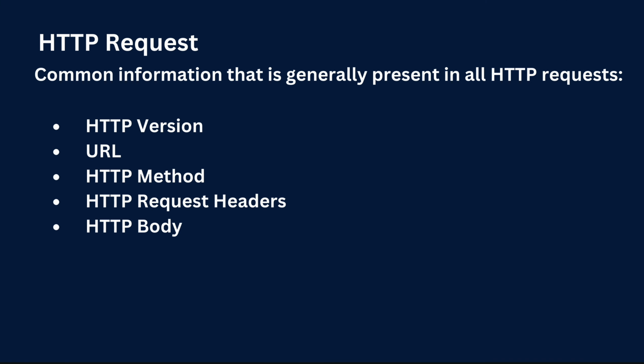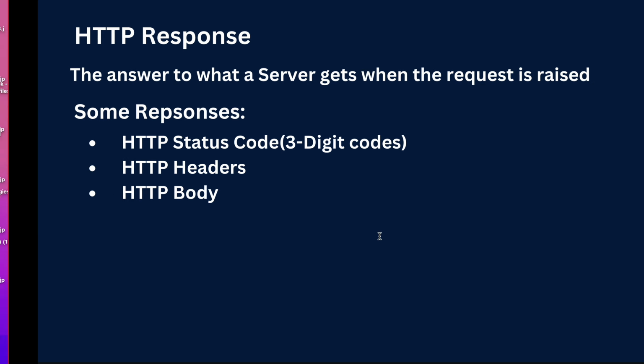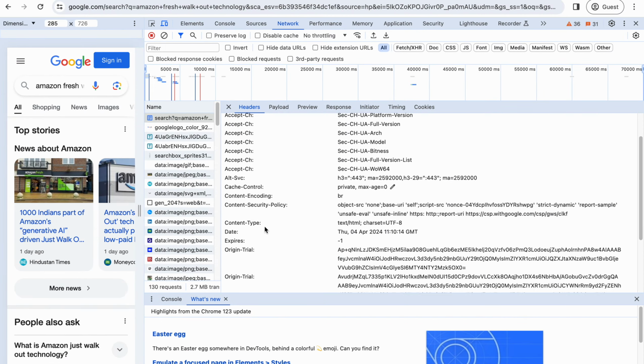So HTTP version, URL, method, request headers and body. These are what is generally included in the HTTP request. In response, what do we get? Some response like an HTTP status code. See, this was the response now.